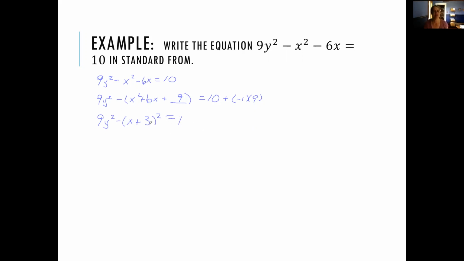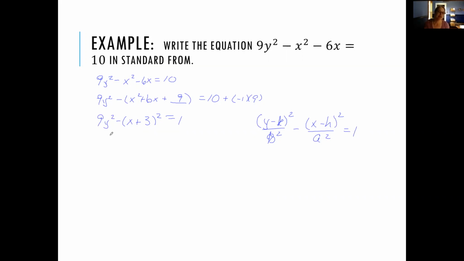Now this doesn't look right though. Think about what my constant should be. I should have (y minus k) squared divided by b squared minus (x minus h) squared divided by a squared equals 1. What's b?